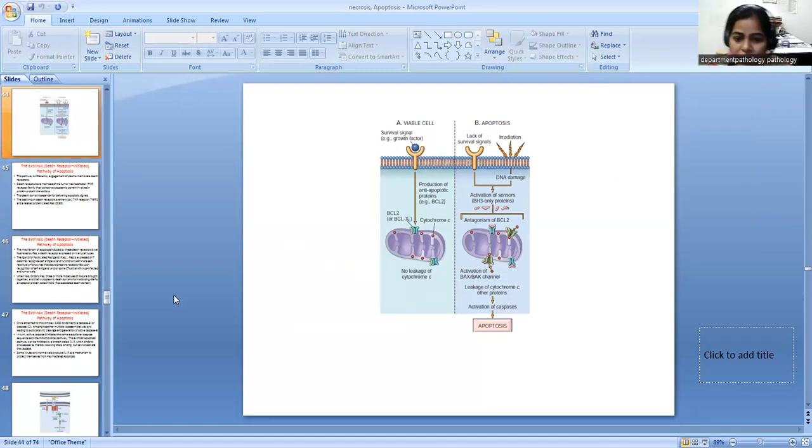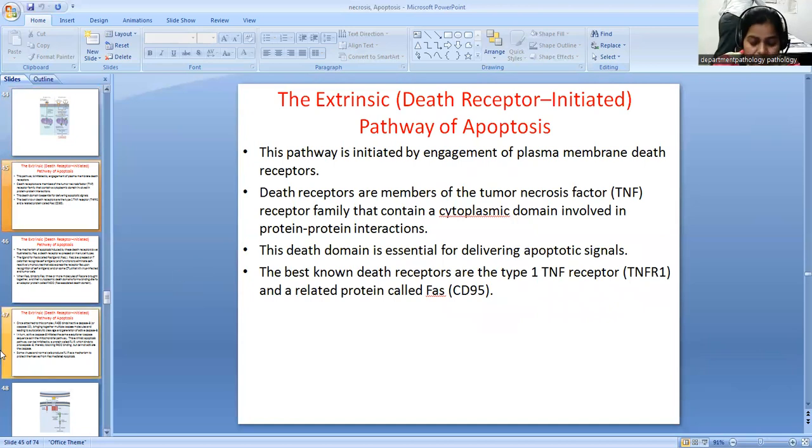What happens is activation of sensors, BH3-only proteins, antagonism of BCL2, then activation of the BAX-BAK channel, leakage of cytochrome C and activation of caspases, leading to apoptosis.